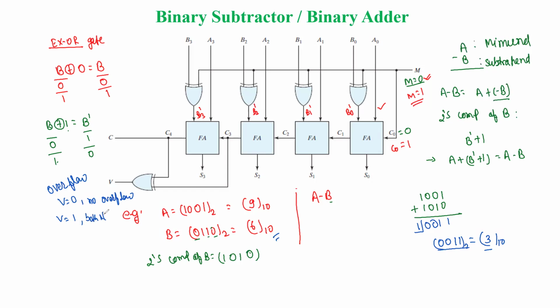When both numbers are positive or both numbers are negative. In that situation, overflow is going to occur, that is detected here with the help of the XOR gate. Okay. So M equal to 0, it performs the addition. M equal to 1, it performs the subtraction.